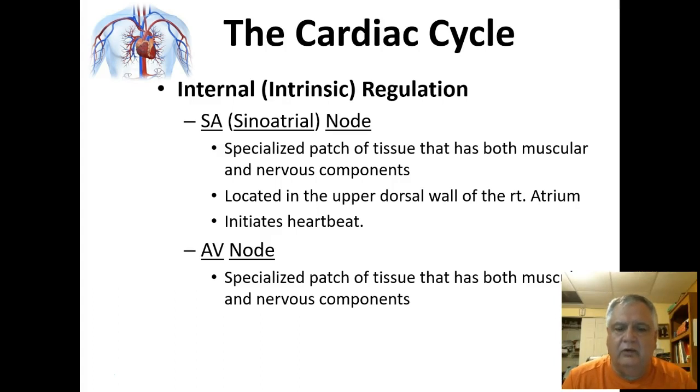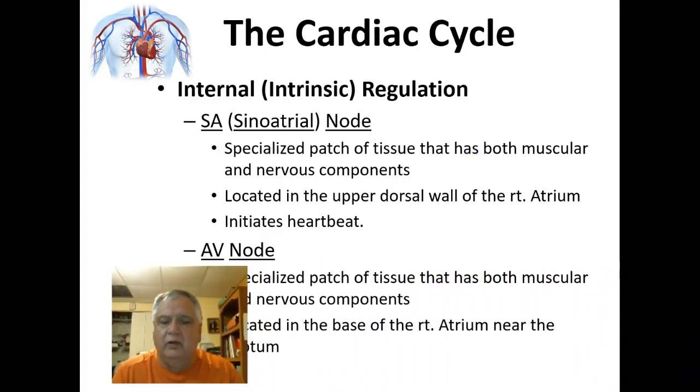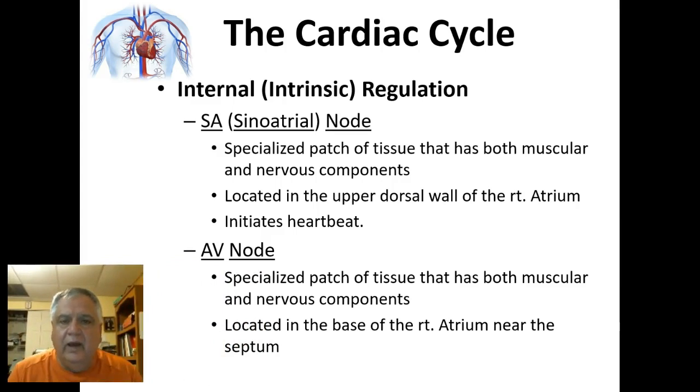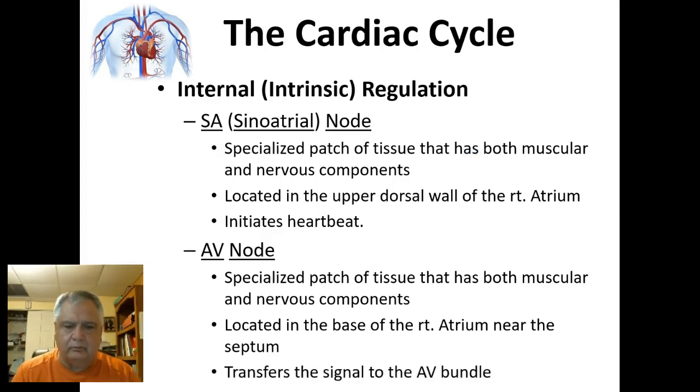This is a specialized patch of tissue that has both muscular and nervous components as well, so it's very similar in its organization to the SA node, but the AV node is located at the base of the right atrium near the septum, that internal wall that divides the heart into right and left halves, you may recall.